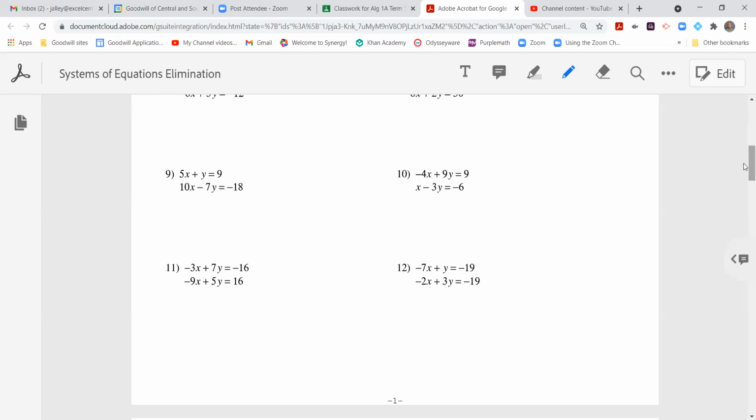So if you look at problem number 9, which one of the variables would you want to try to eliminate? Okay. So we got 1 vote to eliminate y. They don't have the same coefficient.